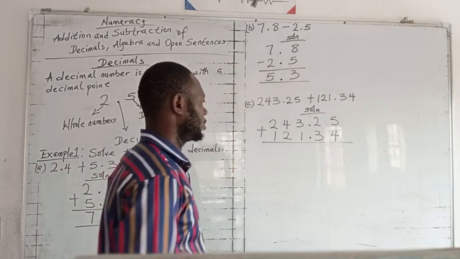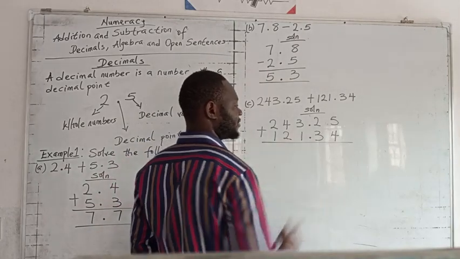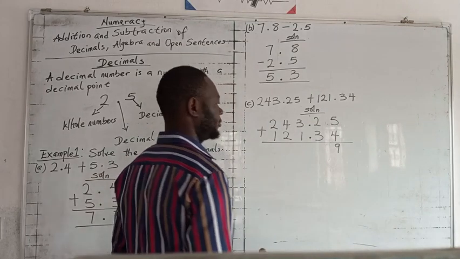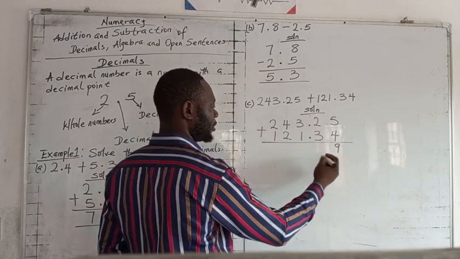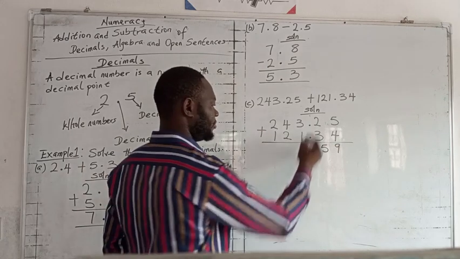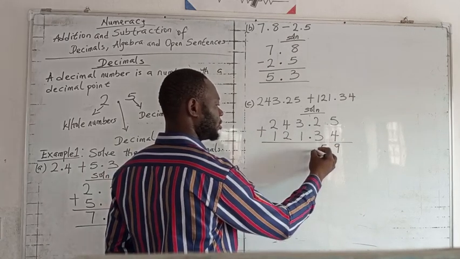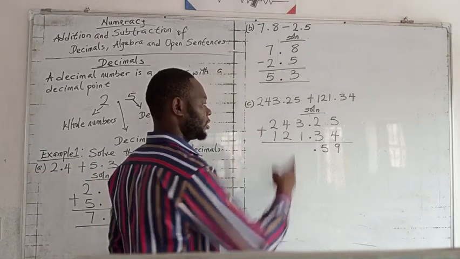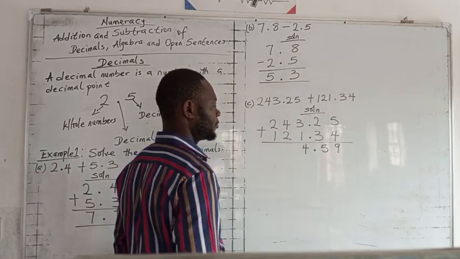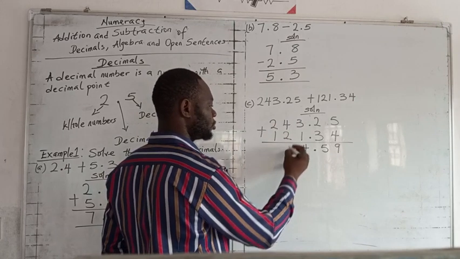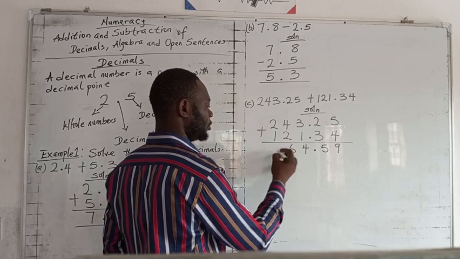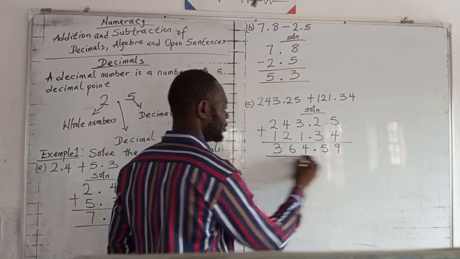Okay? Now let's add. 5 plus 4, 9. 2 plus 3, 5. Bring down your decimal point. 3 plus 1, 4. 4 plus 2, 6. 2 plus 1, 3.